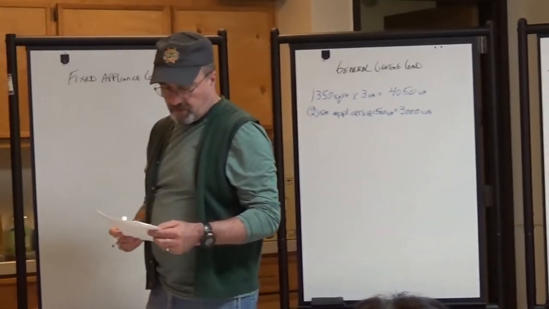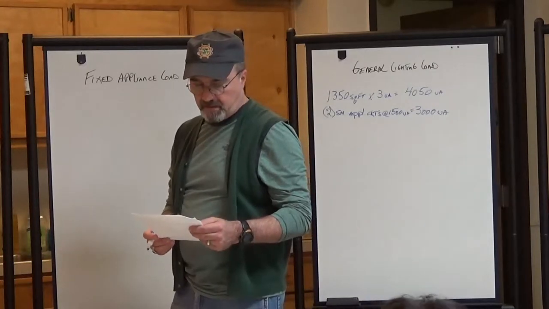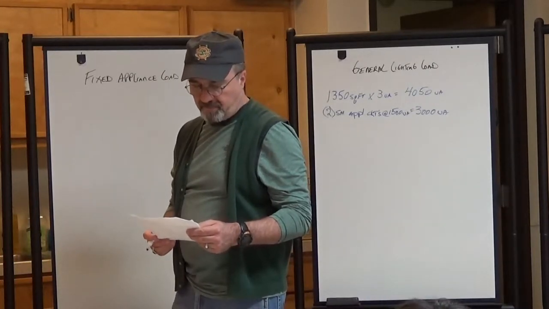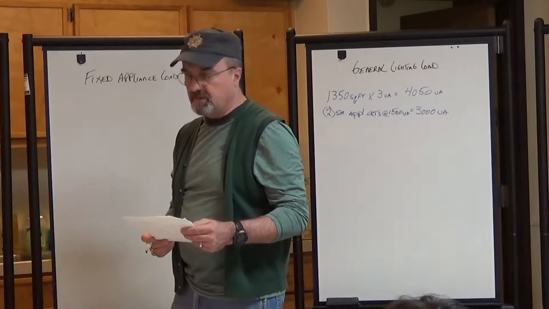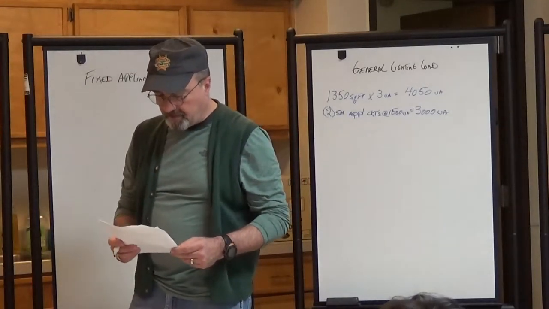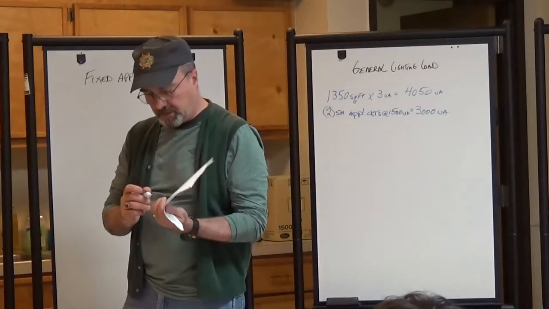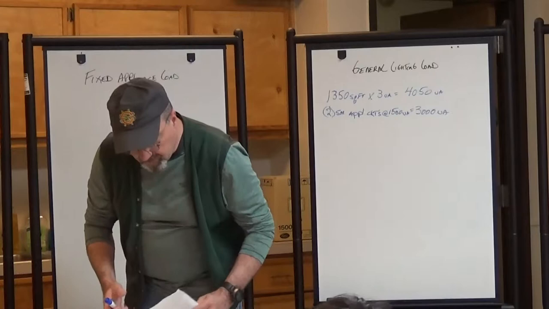Then we go on to the laundry circuit. The code also requires that the dwelling have one 1500 VA laundry circuit installed. That's also in 210.11(C).